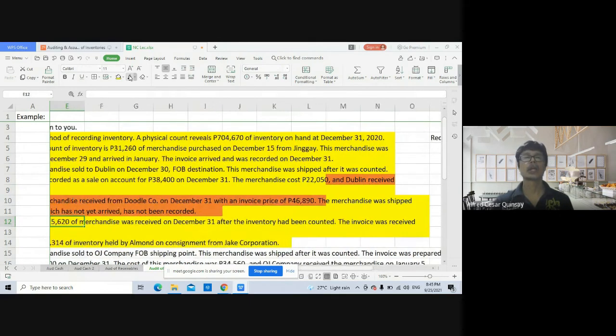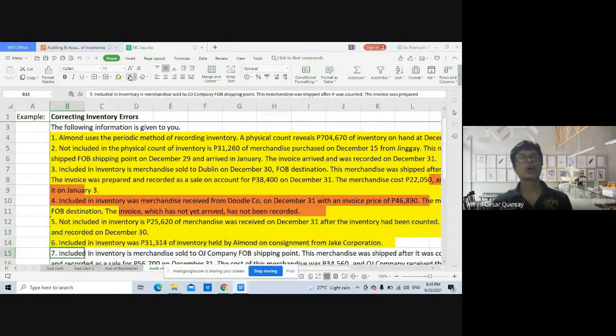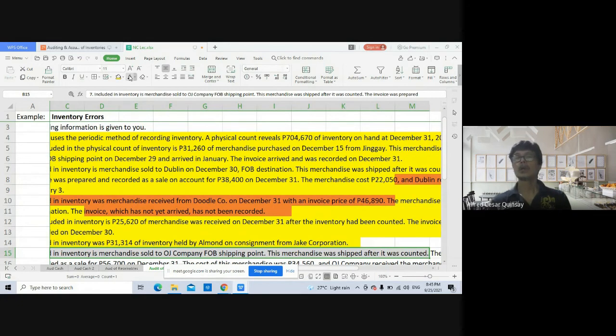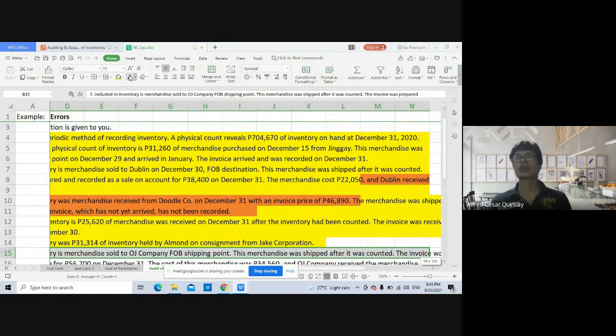Okay, now let's take up number 7. Okay, included in inventory is merchandise sold to OJ company. Sold to OJ, so we're the seller, no? FOB shipping point. So this merchandise was shipped after it was counted. Okay, so binilang muna.